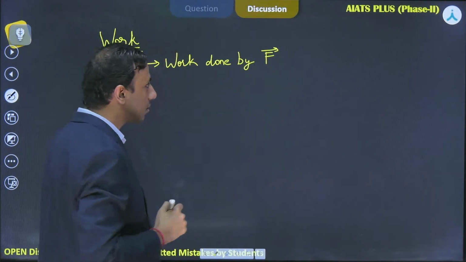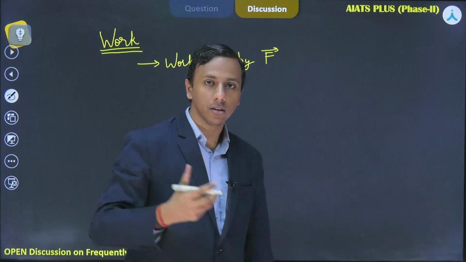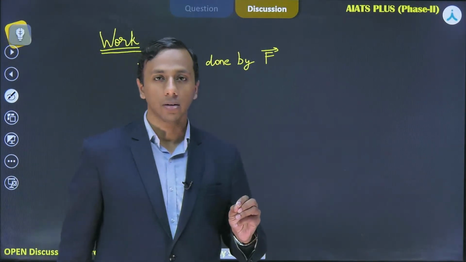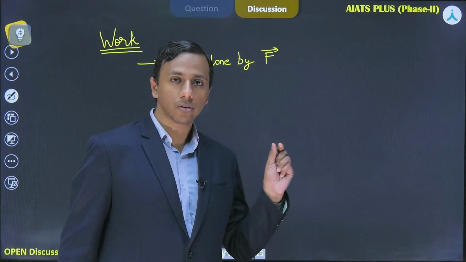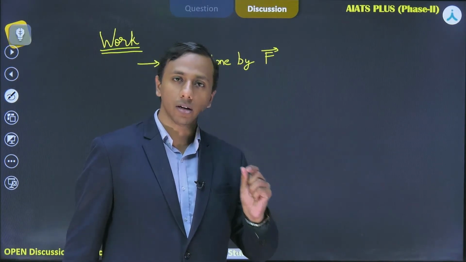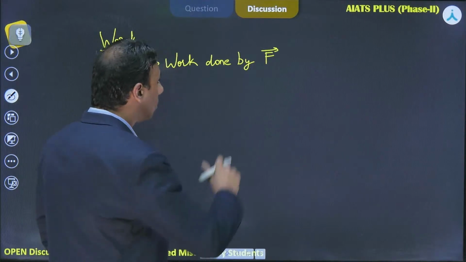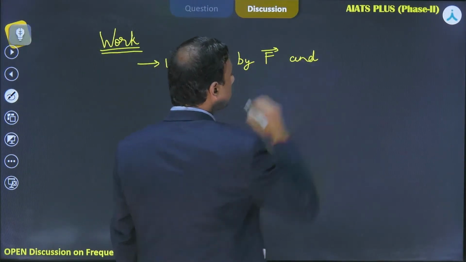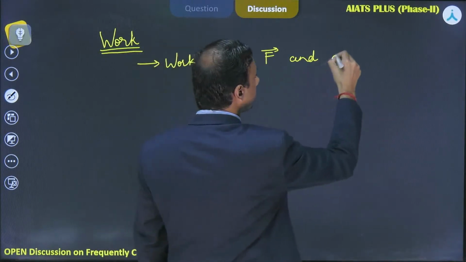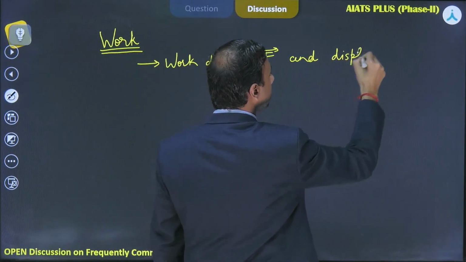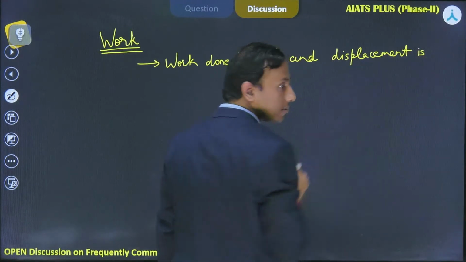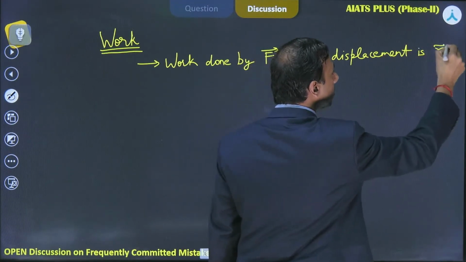F vector, right? And let's say this force is a constant force, all right? Which means at each and every point of that displacement, the force's magnitude and direction remains the same, all right? And let's say displacement is r vector, okay?